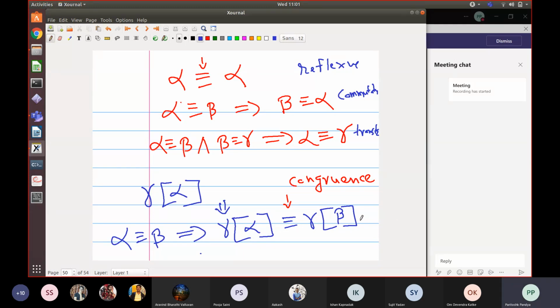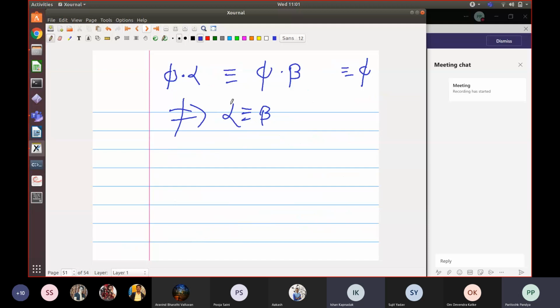In general, it does not hold. That was a counterexample. The obvious example is just when gamma of alpha is equal to alpha, because then you'll directly get alpha equivalent to beta. But in general, the converse does not hold. I hope that answers your question.